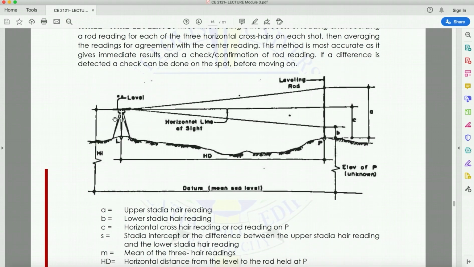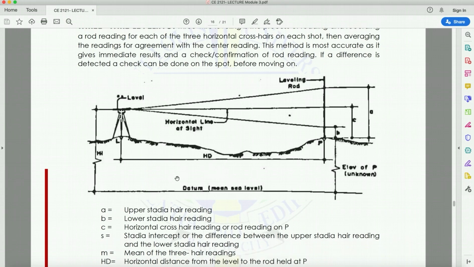So you have here your level. So you have here your horizontal line of sight. You have here your upper reading. You have here your lower reading. And you have here your elevation of the unknown based on the datum. You have here your HI, your height of instrument, with respect again to your datum.